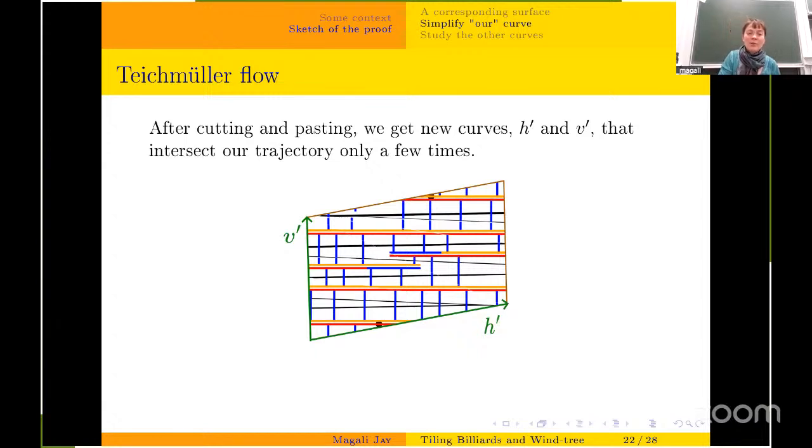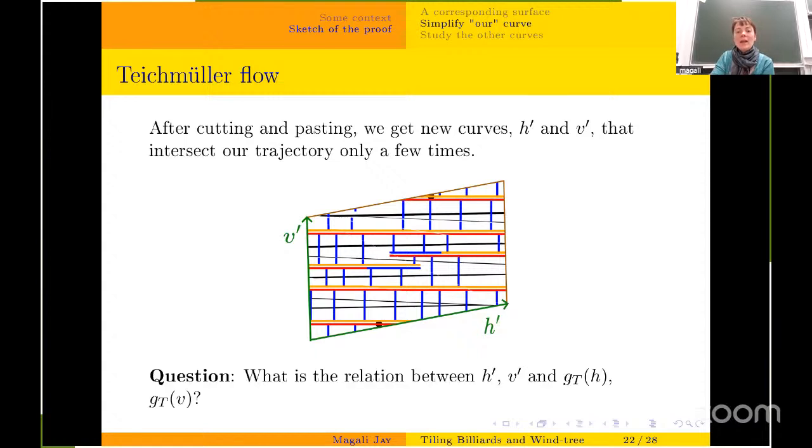But I have to understand the link between these new curves, h prime and v prime, with h and v, the first ones.